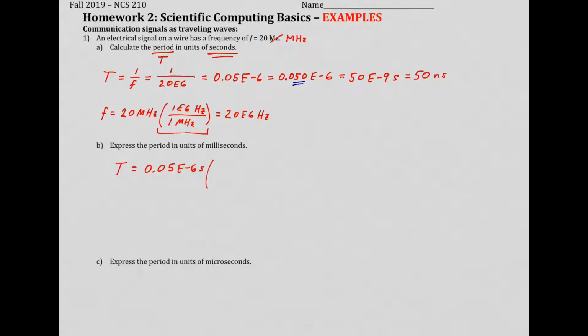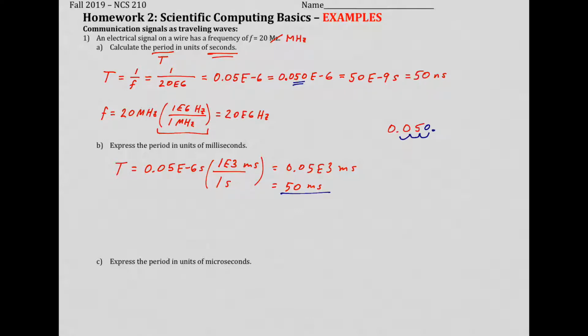But I can go ahead and write 1 second is 1,000 or 1e3 milliseconds and convert it that way, sort of the long way, maybe less prone to error, 0.05 e to the 3 milliseconds, or 50 milliseconds. 0.05 e to the 3 is 0.05 times 1,000, and if we move the decimal place over 1, 2, 3 places, we get a 50.